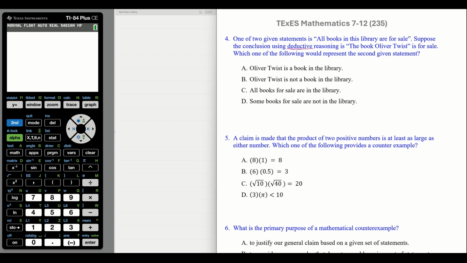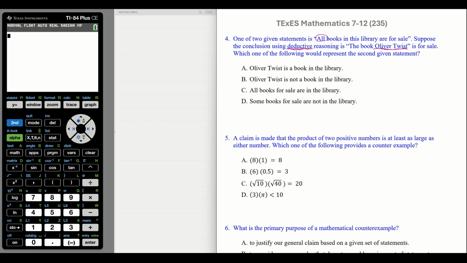This kind of confused me. But what we're doing is they're saying deductive, not inductive. So you're going from the general situation, all the books, to a detailed, specific book. Okay, we're going to the detail.